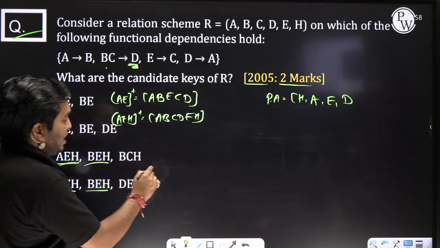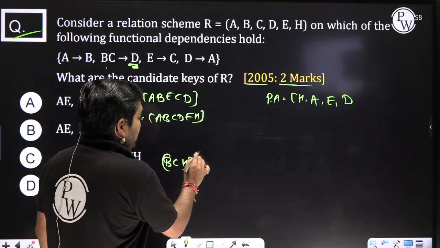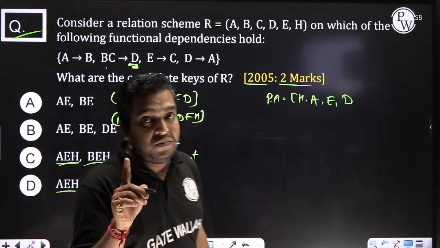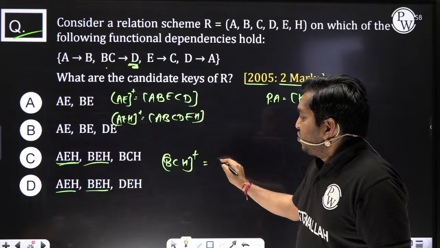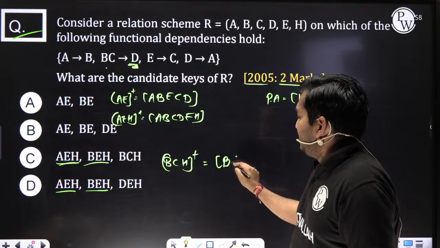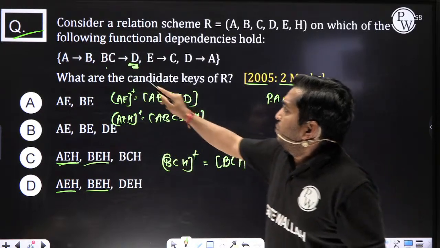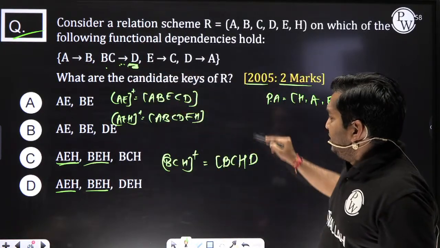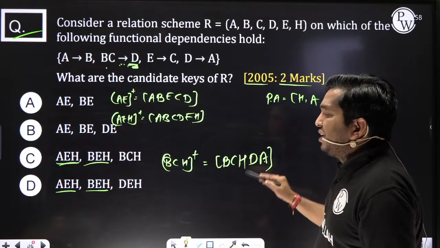Okay. Now check BCH. Bachcho, D is mandatory because D is in LHS. Are you getting my point? When we take the closure of BCH, first of all BH, D determines D, and D determines A. A, B, H, we are not getting.